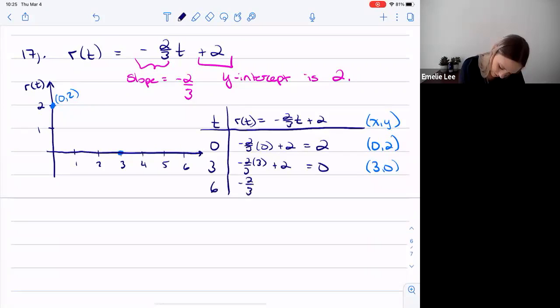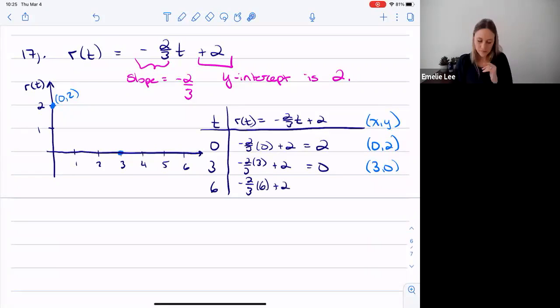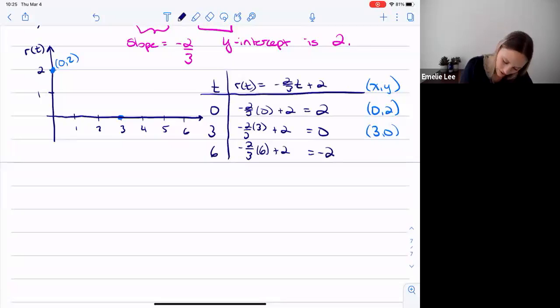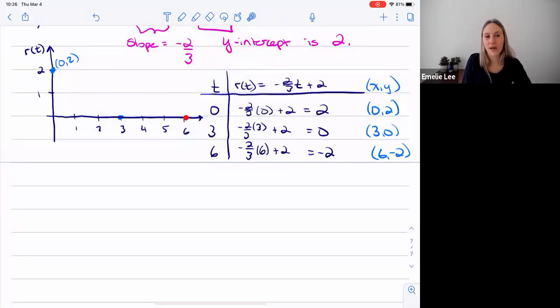Then I see -2 over 3 times 6 plus 2. 6 divided by 3 is 2, and then -2 times 2 is -4, and then plus 2 puts me at -2. So now I've got a third point at 6, -2. So now I'm going to use 6, and then -2 would be down here somewhere, only because I've got a page break here.